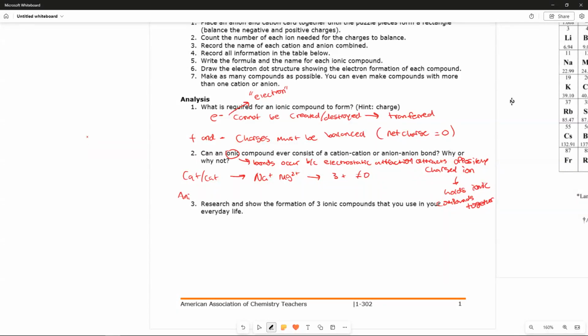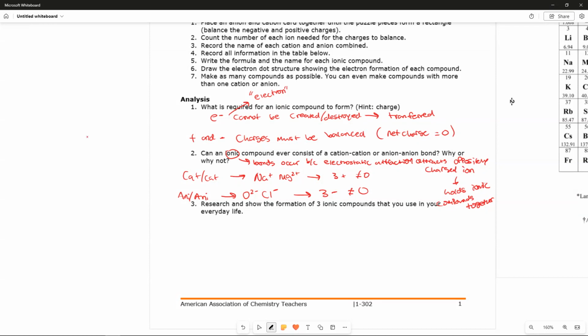Similarly, with anion and anion, say we have oxygen 2 minus and chlorine 1 minus. This is going to have a net charge of 3 minus, which doesn't equal 0. We're not going to ever see a positive here, which means we're not going to ever get a net charge of 0.